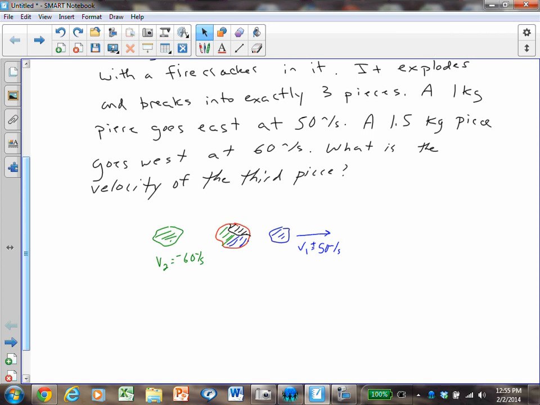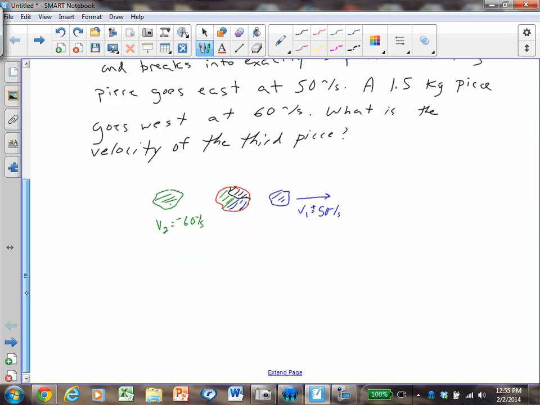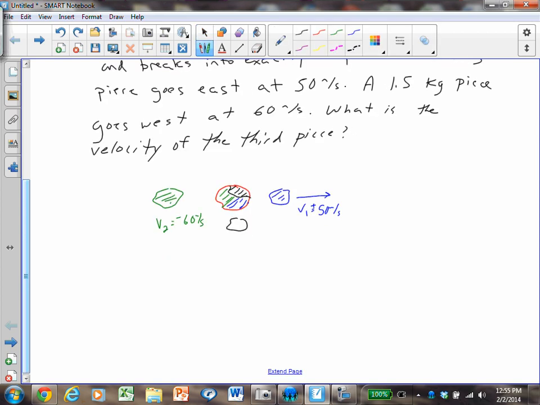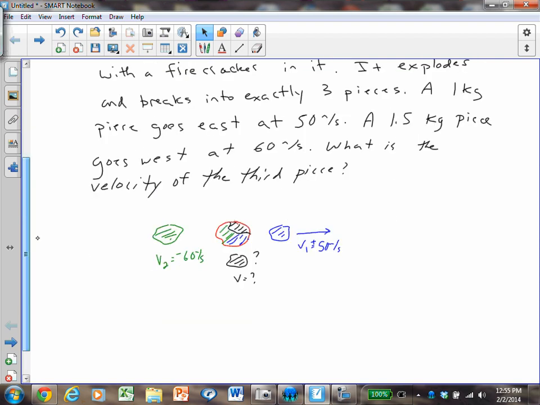We want to know the velocity of the black piece. Because the blue is in one direction and the green is in the opposite direction, the black also has to be in that linear direction. So we don't have to use vectors with angles. We can just use plus or minus, because the total momentum afterwards must sum to 0.